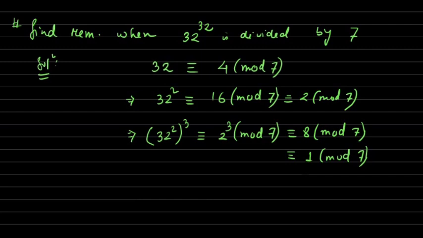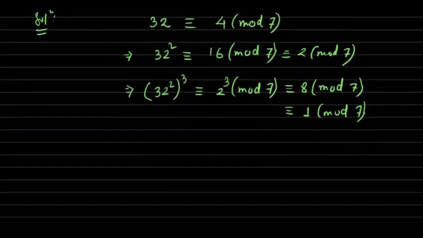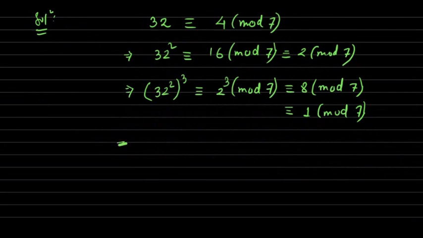Okay, so we have 32 to the power 6 is congruent to 1 mod 7. That means when this huge number 32 to the power 6 is divided by 7, then we will get 1 as remainder.